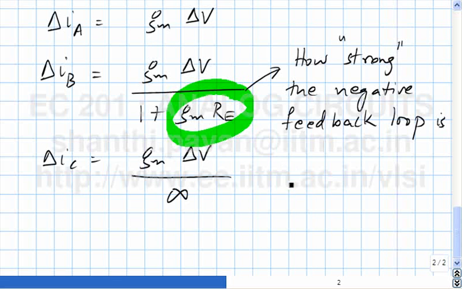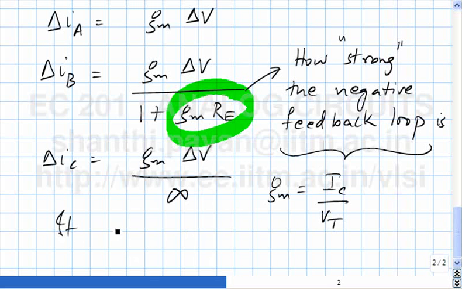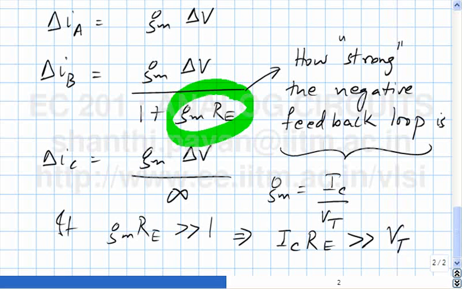And what is the expression for GM of the bipolar transistor? GM is nothing but IC by VT. Alright. So there is a lot of negative feedback if GM RE is much larger than 1, which means IC times RE is much larger than VT.